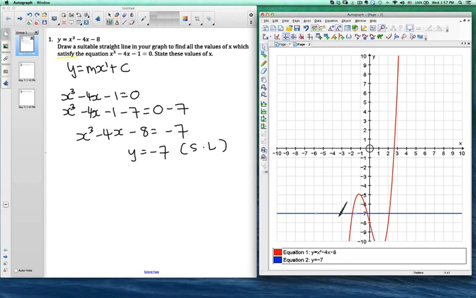This line is y equals negative 7, and of course when you sketch, I believe you will see the turning curve here. This is just a limitation of my graph over here. What you need to understand is the meaning of state these values of x. State these values of x means you need to find the intersection points. These are the intersection points, right? 1, 2, and 3.